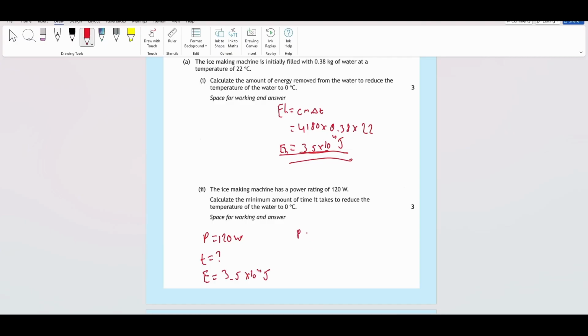Now we can do P equals E over T. And then we can do 120 equals 3.5 times 10 to the 4 all over T. So that means T is 3.5 times 10 to the 4 all over 120. So T is equal to 290 seconds.